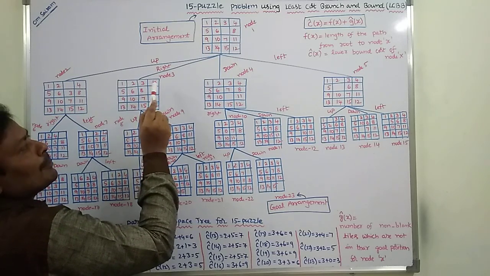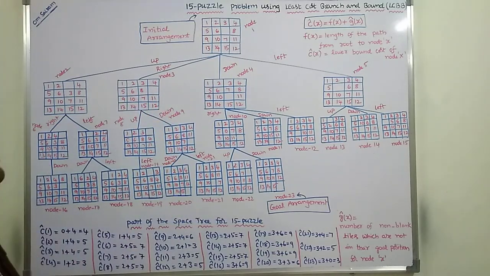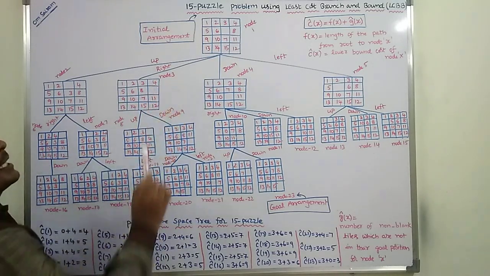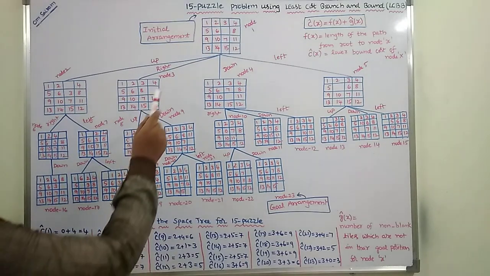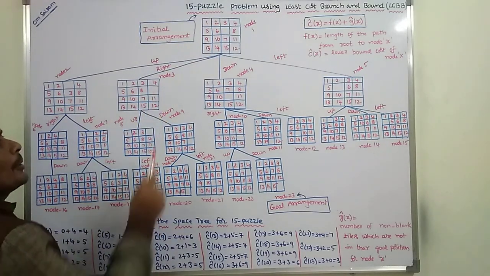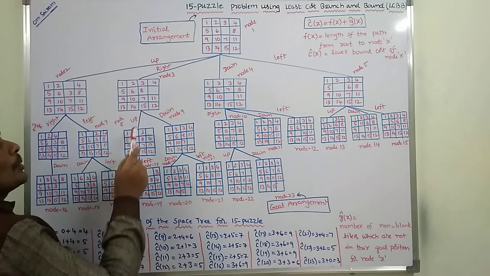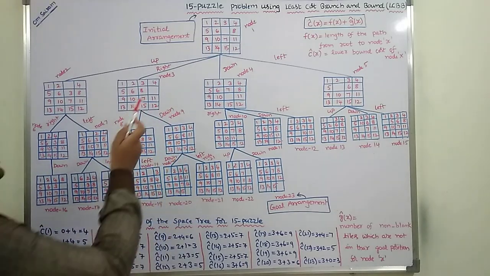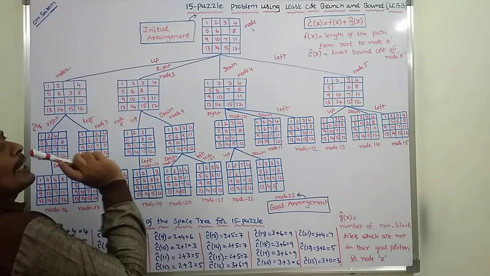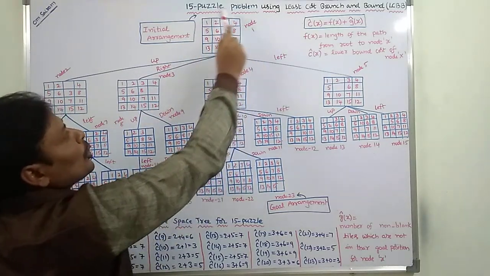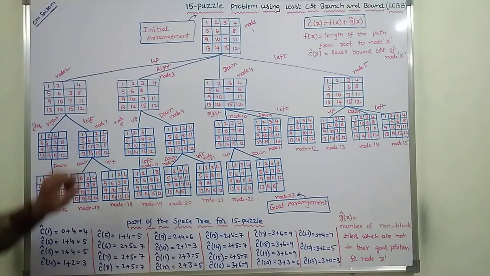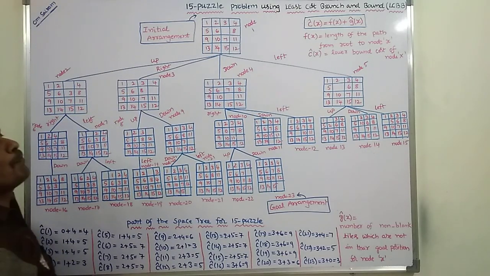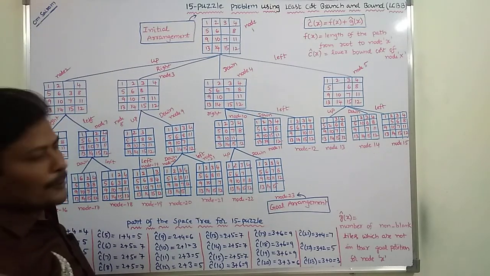Empty tile cannot be moved to the right because there is no tile at the right-hand side. So only the up and down directions we have to use. If the empty tile is moved left, we get node 1, so the left move cannot be used.